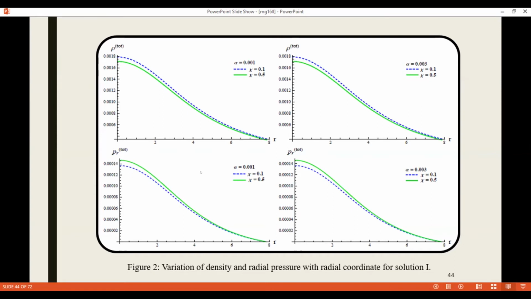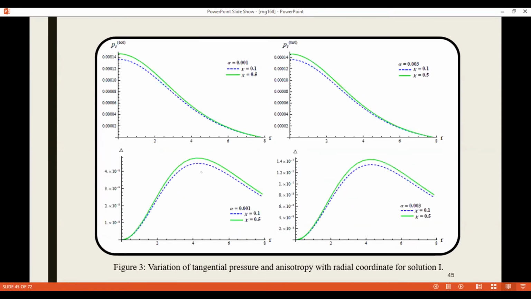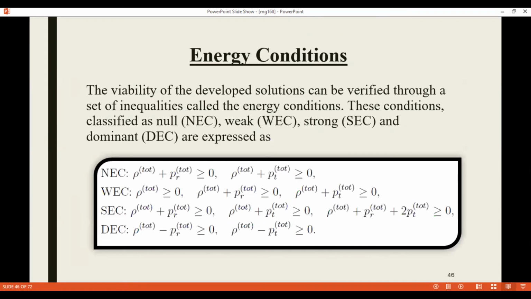Finally, we can see the anisotropy. It also provides a positive behavior and has a maximum here. So it starts increasing and then starts decreasing, but it remains in a positive range.